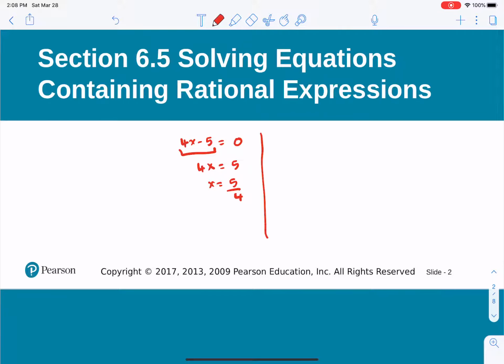But an equation with rational expressions contains a rational function.